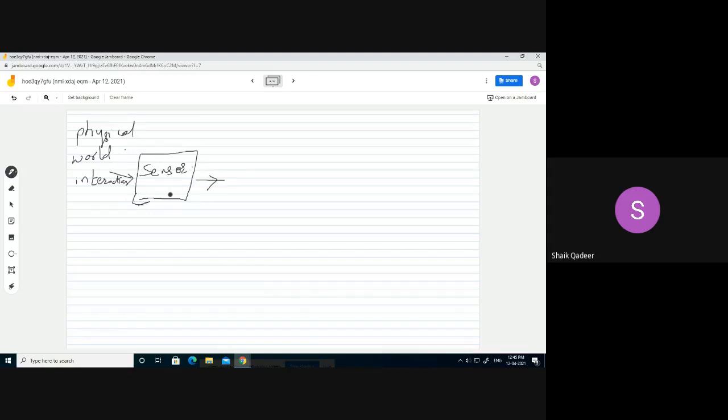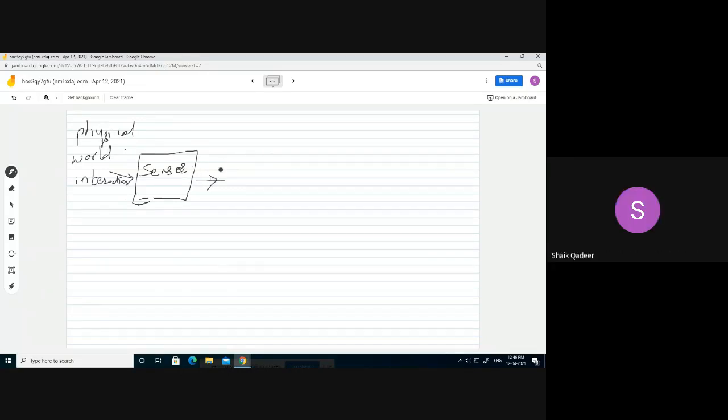This sensor is made in order to sense these values and give a corresponding change in the output. Agree or not? Yes, sir.